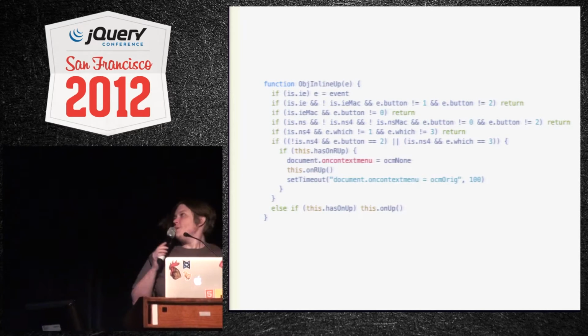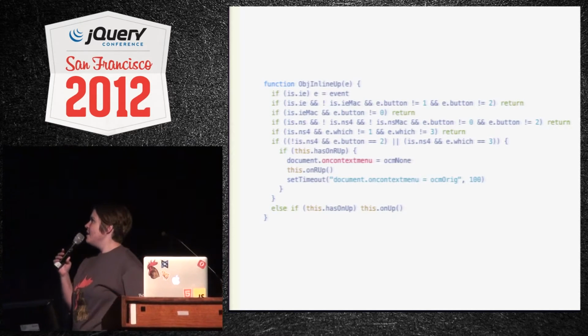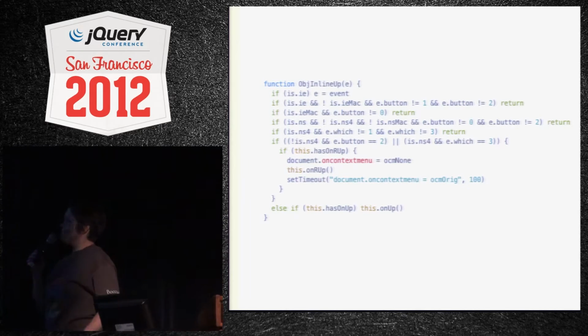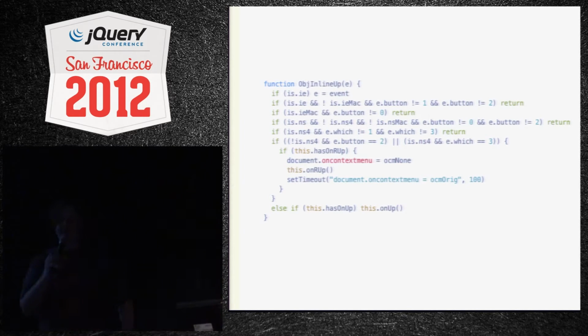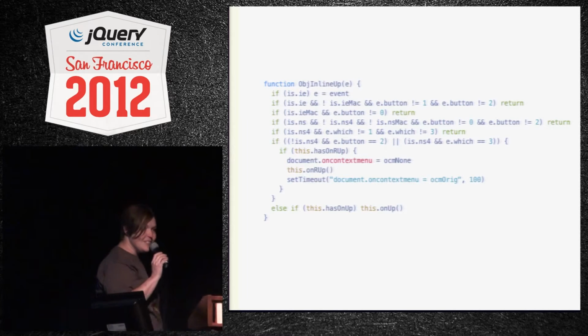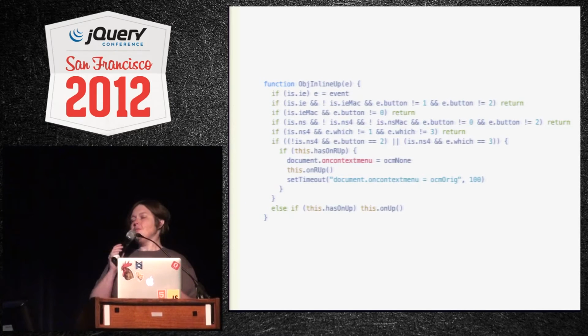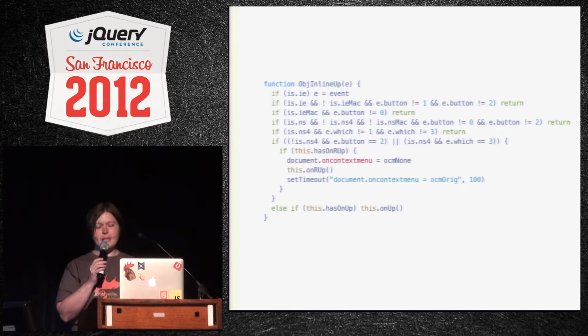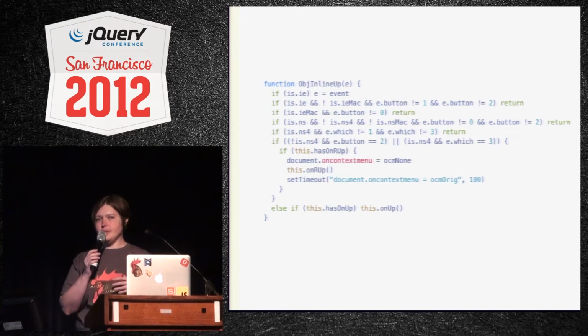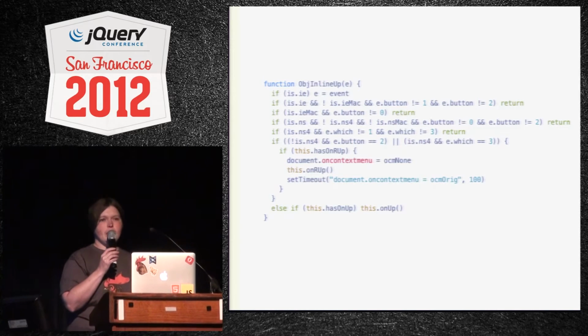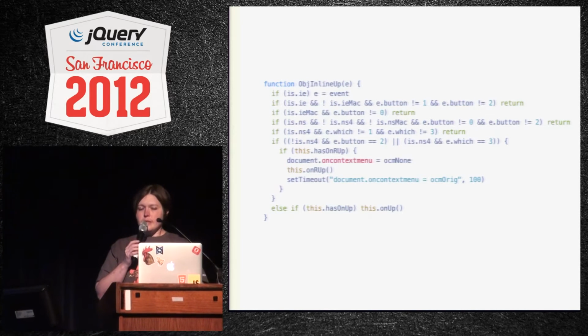And this is what we wrote then. Is it IE? Is it IE for Mac? Remember IE for Mac? That was a thing. Netscape 4, good times. So this is what JavaScript used to look like, and these are the kinds of problems that as front-end developers we used to spend our time on, these agonizing browser differences.